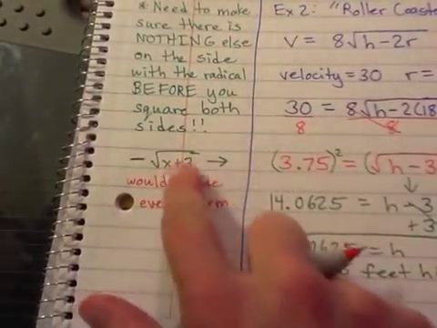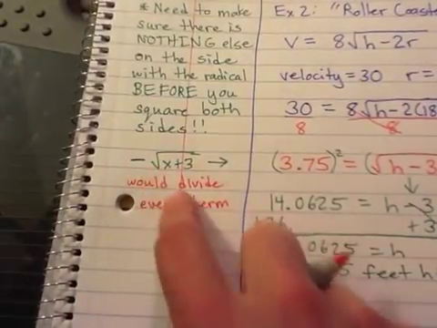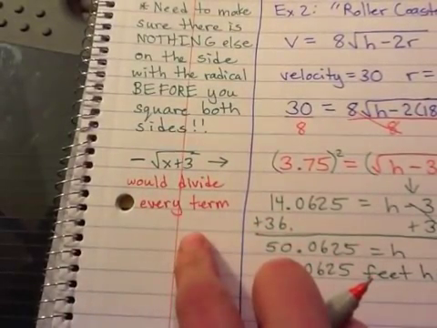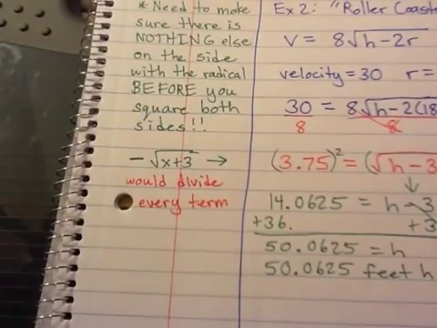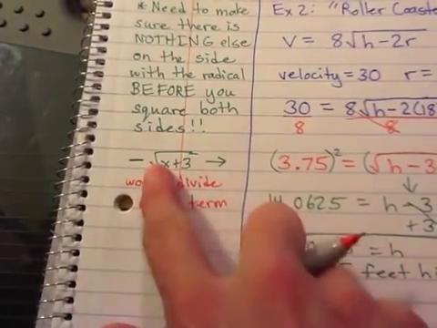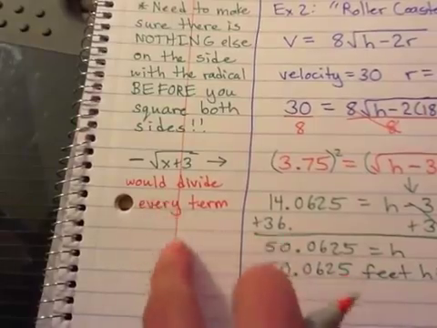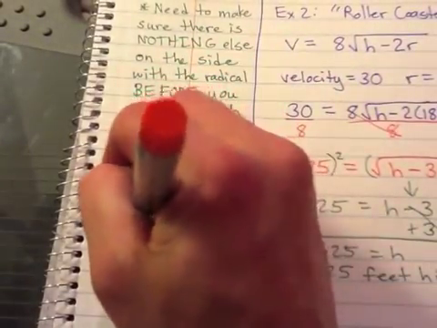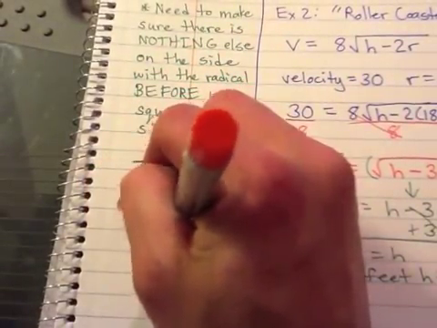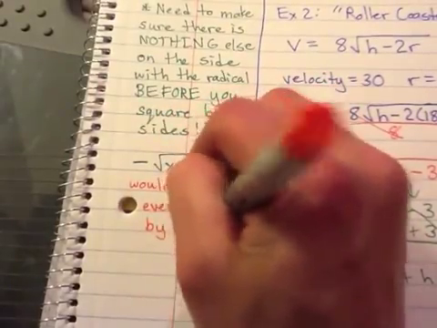And this is considered a term together, so this side would be divided. But anything that's outside of square roots, you'd need to divide every single thing by that negative. Would divide every term by negative 1 to move it.